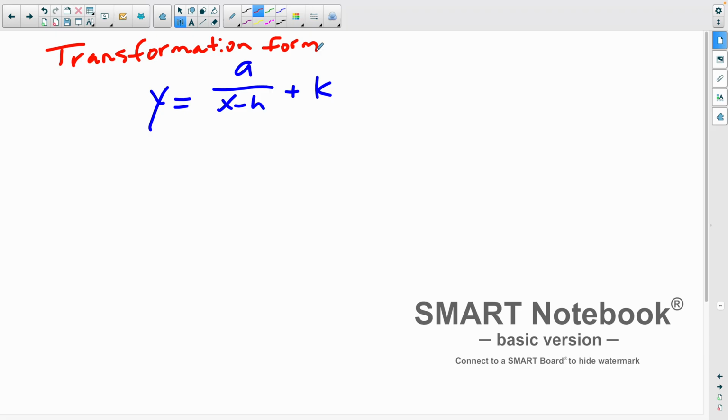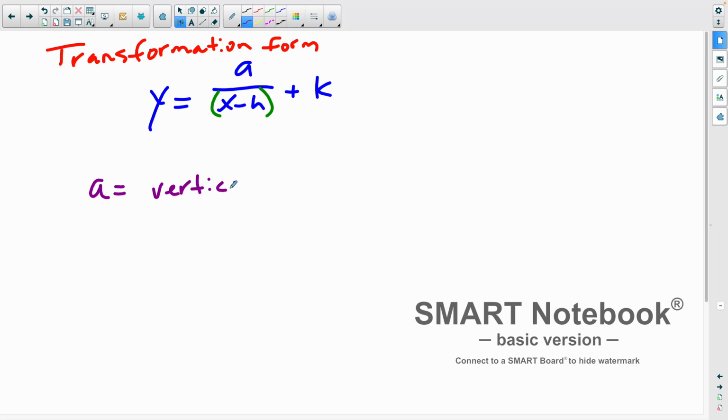Now, where are my parentheses? My parentheses are in the denominator. So what would the A do? Normally it would be a 1. That's the parent function. But if I changed it to some other number, what would the A do to my graph? Stretch it or compress it, which way? Vertically. So this is a vertical dilation.